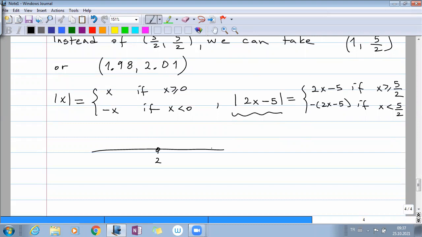Let's say you go up to 3. Here is 5/2. So if you consider, for example, x between 1 and 3, absolute value of 2x minus 5 changes behavior.